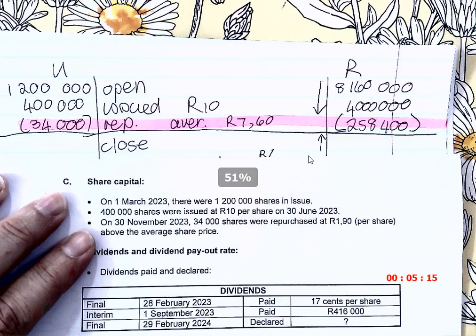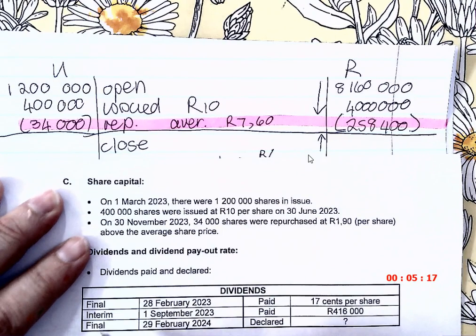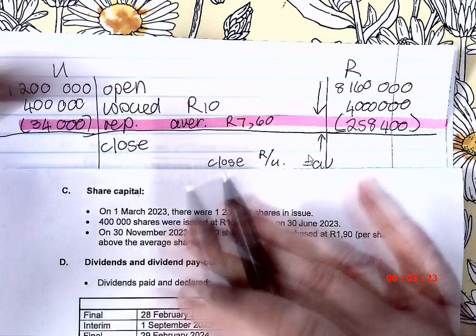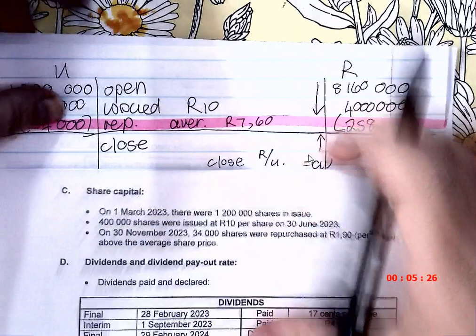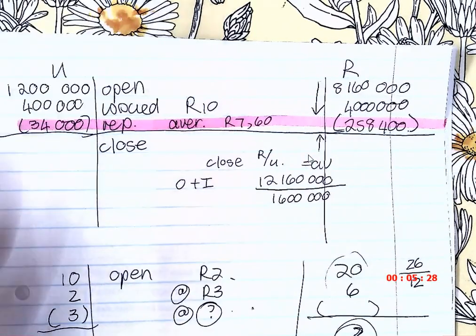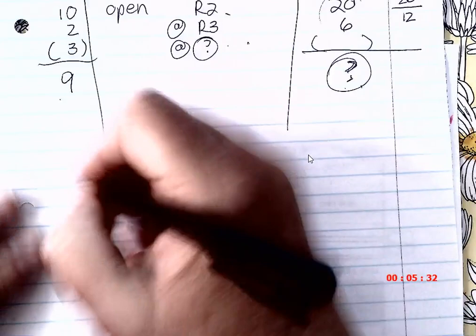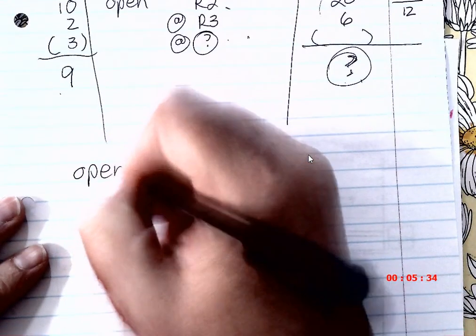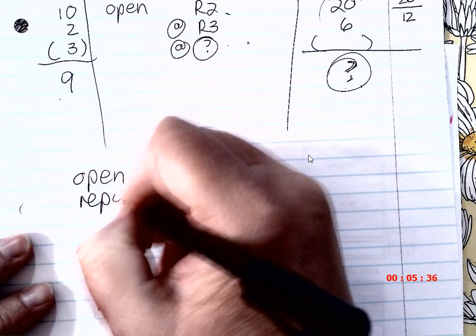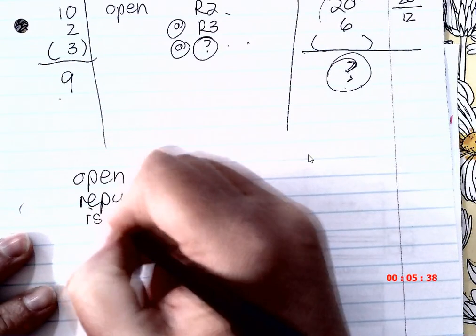There are two ways to find the average. So everything on top or at the bottom. The problem comes in if I have the opening, the repurchase, the issue, and the closing.